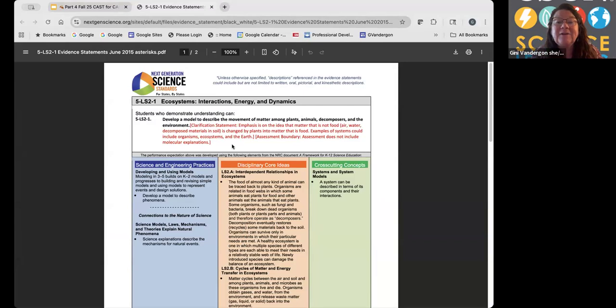And they say environments of systems could include organisms, ecosystems, and the earth. So there is an emphasis on the idea that matter that is not food, like the non-living parts of it, also changes into matter. And then, of course, you can see what crosscutting concepts, DCIs, and science and engineering practices you should be doing when you're addressing this.